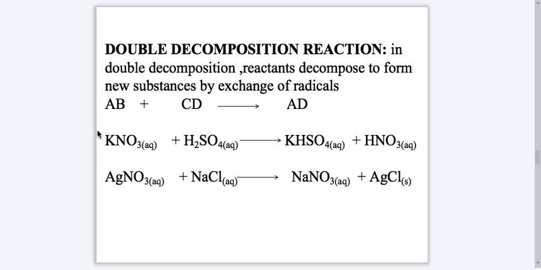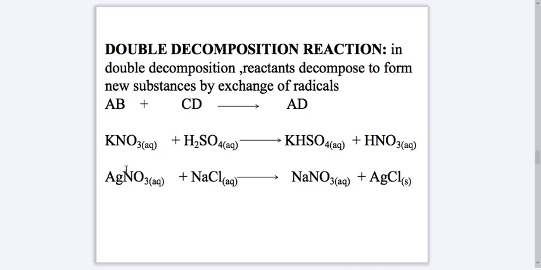In the first example, we have KNO3 plus H2SO4 to give KHSO4 plus HNO3. That is potassium trioxonitrate(V) combined with tetraoxosulfate(VI) to give us potassium hydrogen tetraoxosulfate(VI) plus trioxonitrate(V) acid.